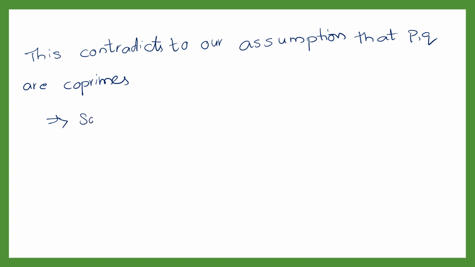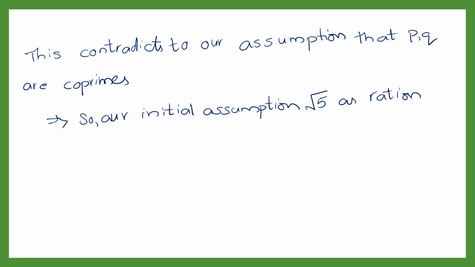So our initial assumption, what did you assume? Root 5 as rational, is wrong. That means root 5 is an irrational number.